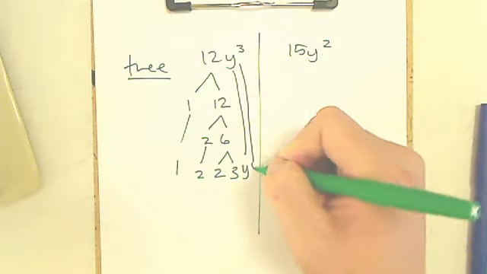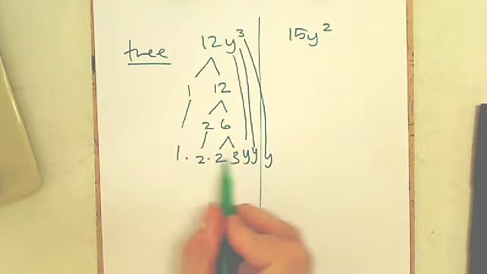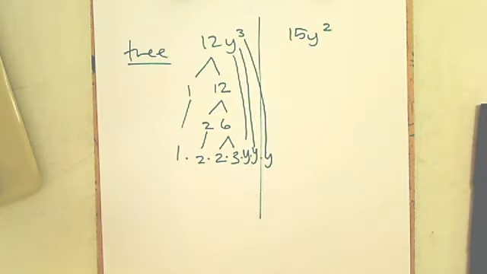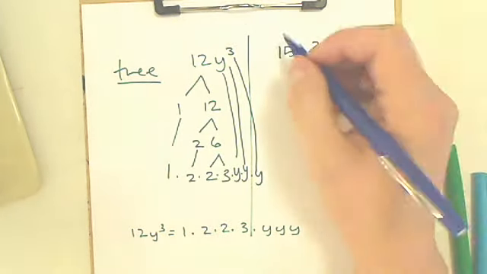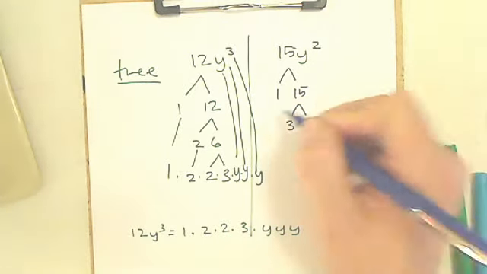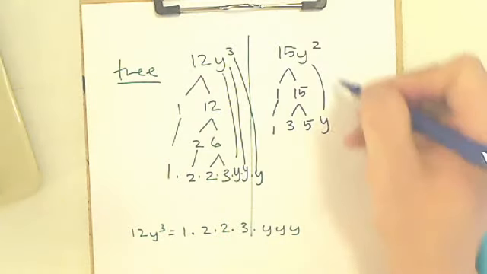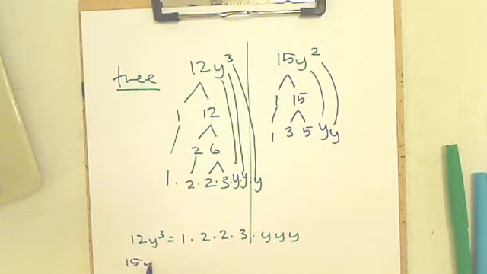Y. So for 12y cubed, I have 1, 2, 2, 3, y. 15y squared, please. 1. Keep going. 3. Okay. How about y squared? Y and y, 2 y's. 15y squared is 1, 3, 5, y.